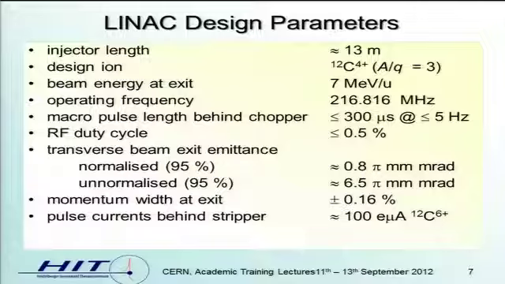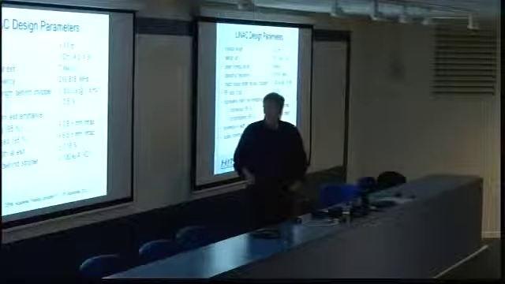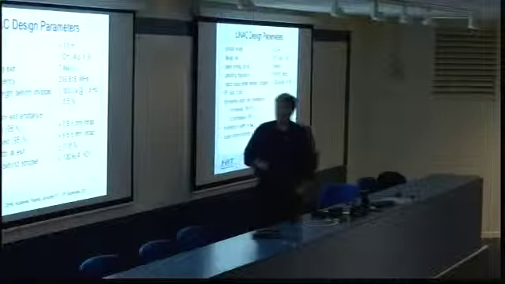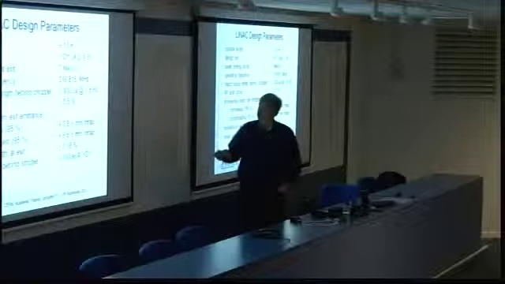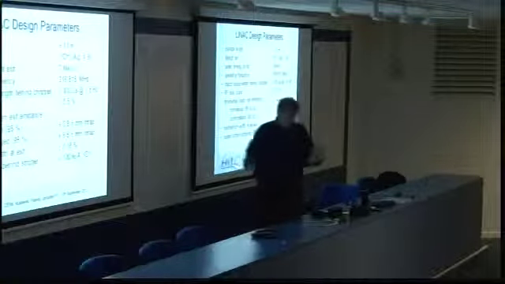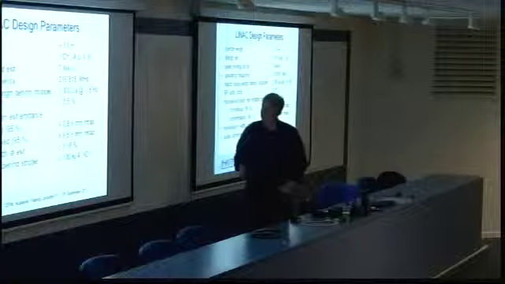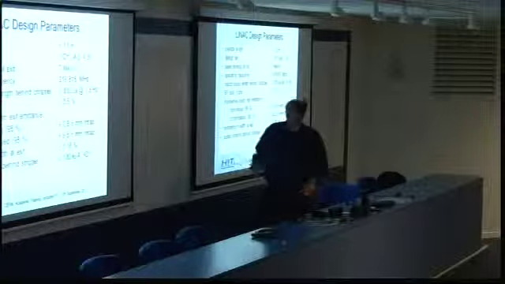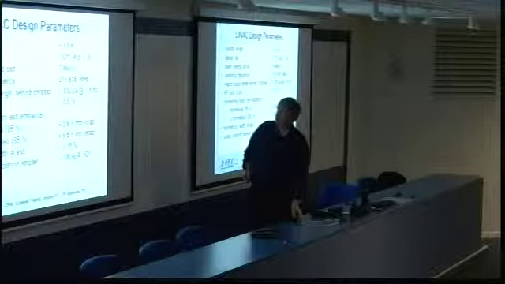And the operating frequency is 216 megahertz. This comes from a history at GSI where we had 27 and 180 megahertz, and now we go to 216 to shrink the size of the cavities. You will see that. We come to the other parameters step by step.